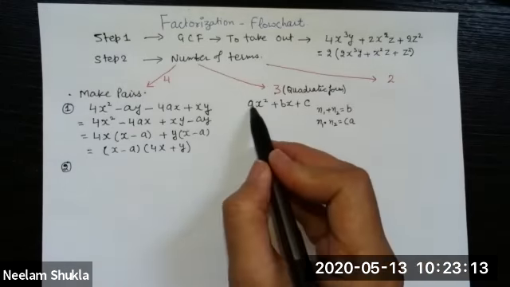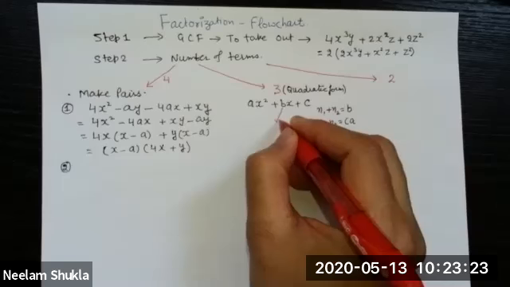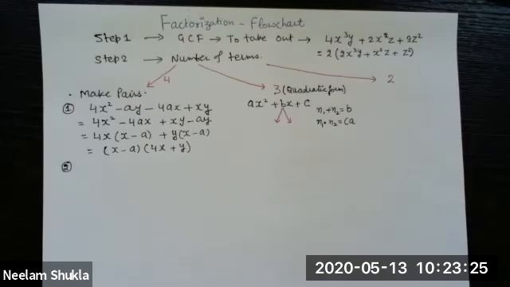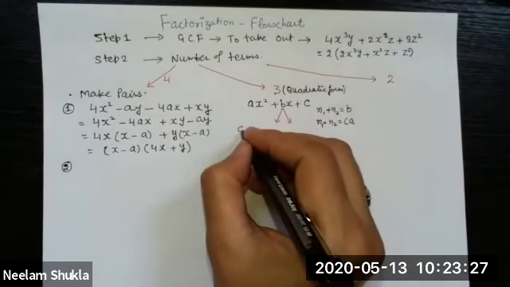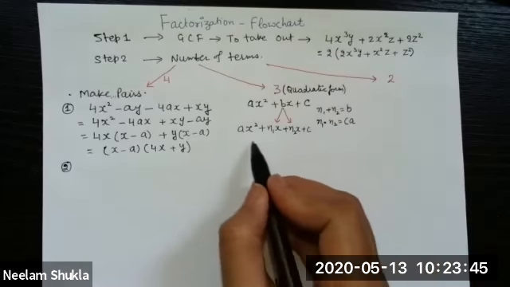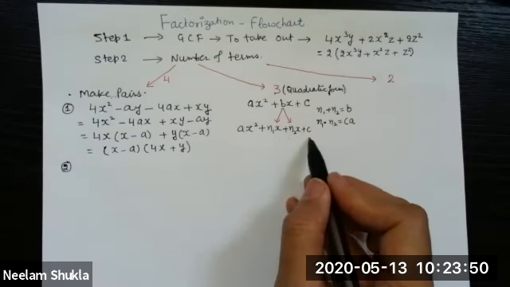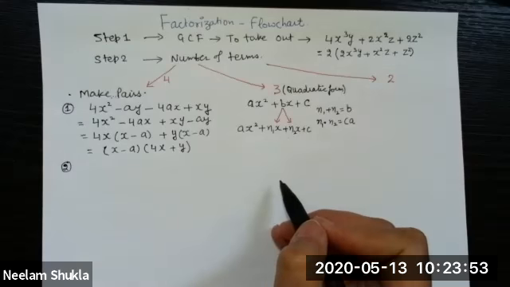Why do we do this? We are interested in breaking the middle term so that we can have 4 terms and use the procedure given on the left to make the pairs and get the final answer.